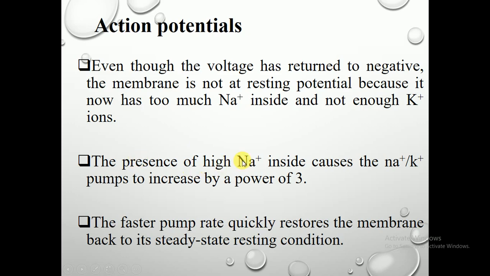The presence of high sodium inside causes the sodium potassium pumps to increase by a power of 3. The faster pump rate quickly restores the membrane back to its steady state resting conditions, when the rate of influx is equal to the rate of efflux.